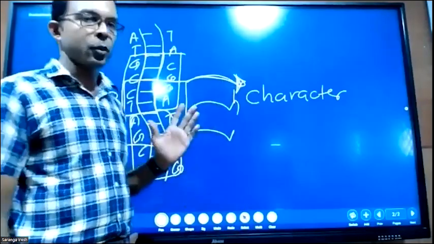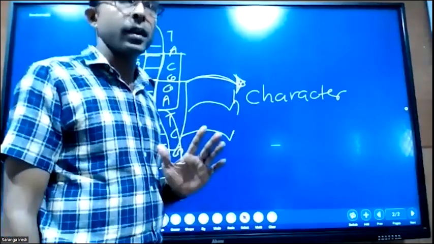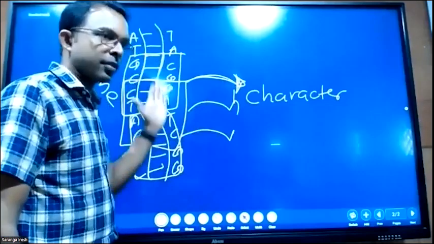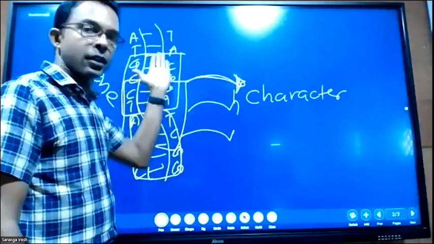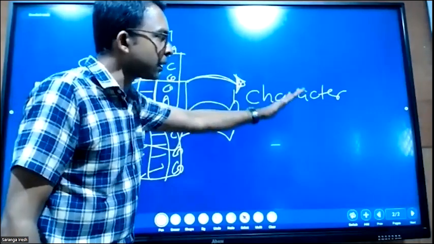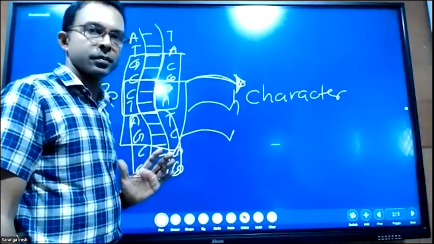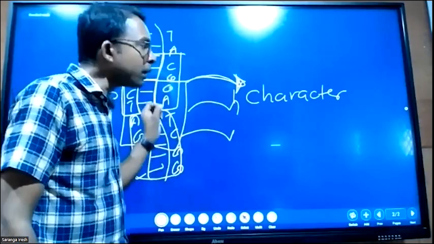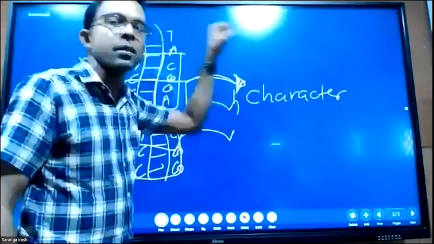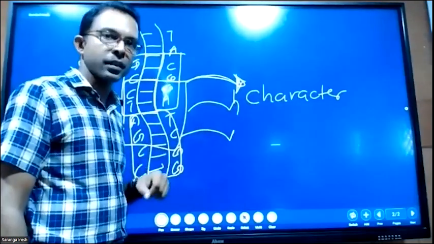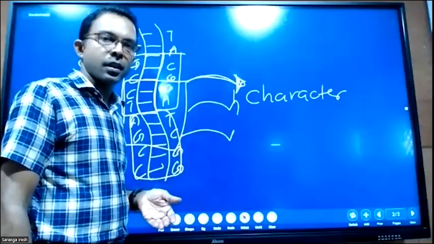We explained that the gene is a particular base sequence, a region of the DNA molecule, which determines the character of a living organism. So my question is, what is the mechanism of creating the character? That is what we are going to discuss in our next lesson.